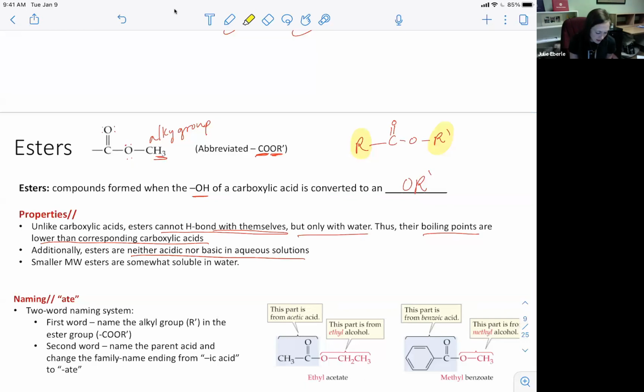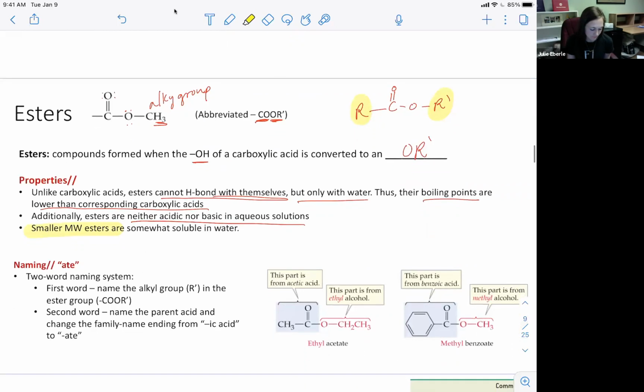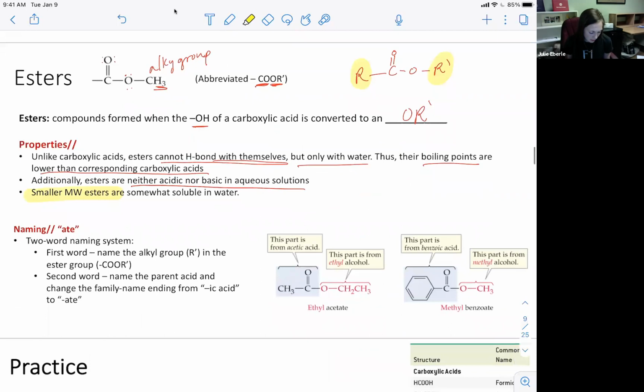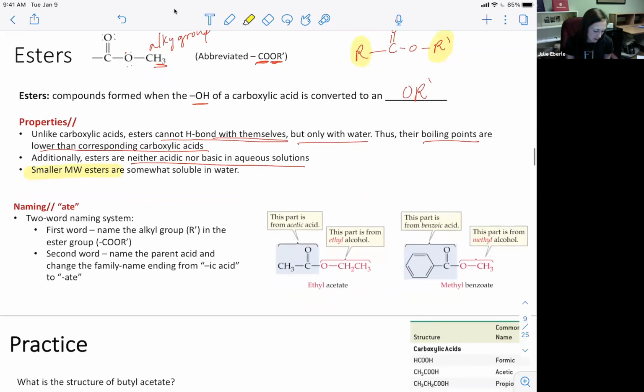Okay, so that's why we're just saying smaller molecular weight esters are somewhat soluble in water. That sounds kind of vague though. So again, it just depends on how big those alkyl groups are. I'm not gonna, on the exam, split hairs on that and try to trick you. So just go with what it says off the page.